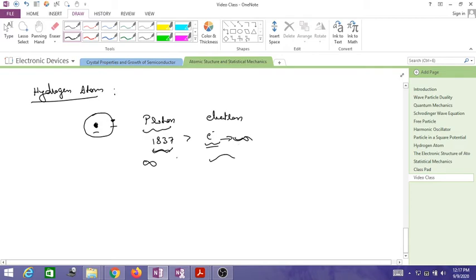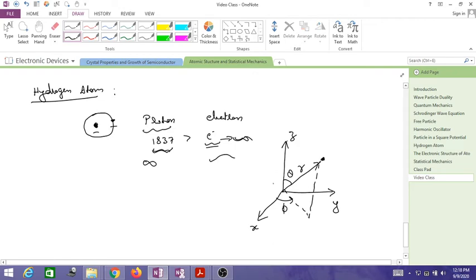Since the motion is in three-dimensional space, we need to consider a spherical coordinate system. It has three directions, x, y and z, and if the particle is somewhere here, it is at a distance r. This angle is theta and this is phi.